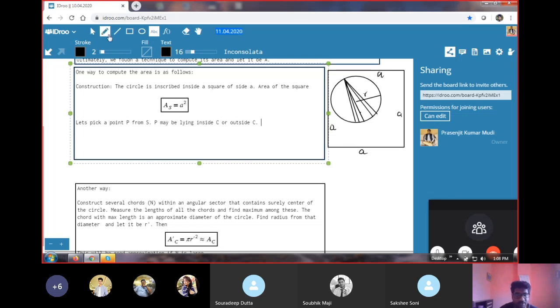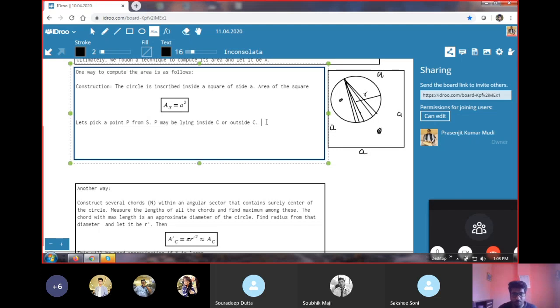Let's say I am picking up a point here. This point is outside the circle but inside the square. I may pick another point over here which is lying inside the circle. I am picking up that point from the circle, and that is also from the square, right?